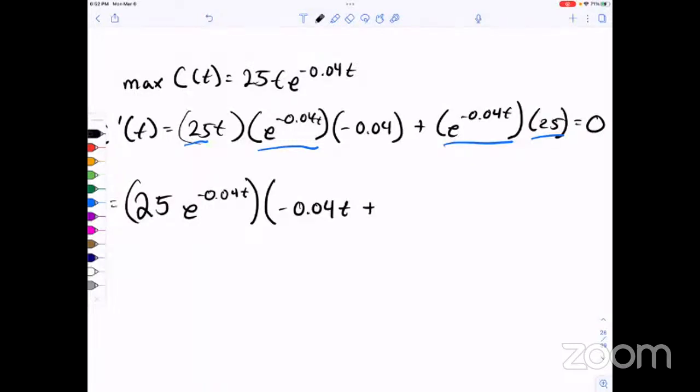Now that we have it in factor form, two or more things that multiply to give us 0, we use the zero factor property where we set each thing to 0 and solve. So one of them, we're going to say 25 e to the negative 0.04T.